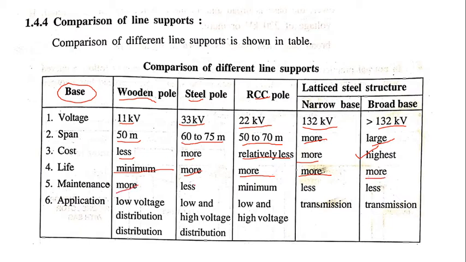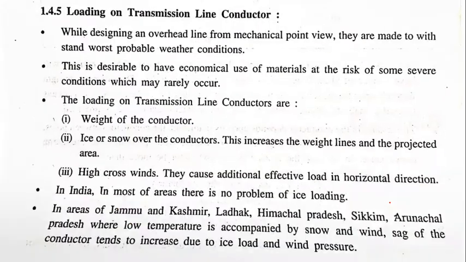Maintenance: wooden more, in steel we have less maintenance, in RCC minimum maintenance, in narrow base less maintenance, and in broad base minimum maintenance. And here are the applications: low voltage distribution, low and high voltage distribution for steel, and for RCC low and high voltage, and lattice types only are used in transmission, not in distribution. Okay, so this is the comparison between all the poles.